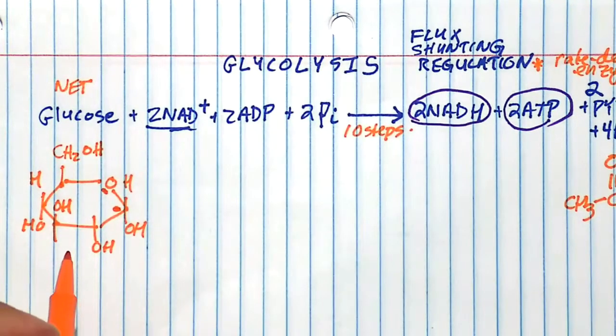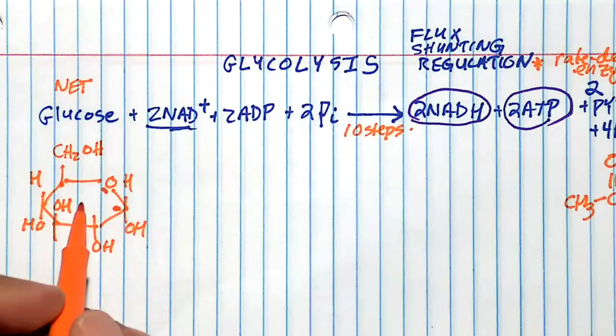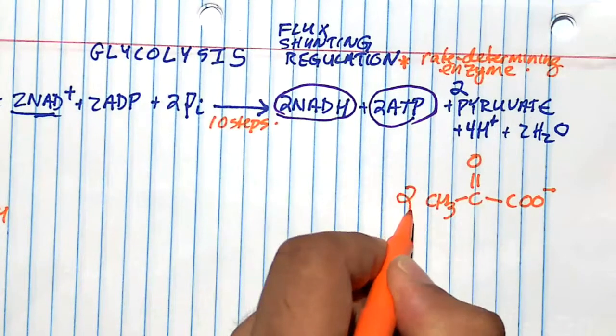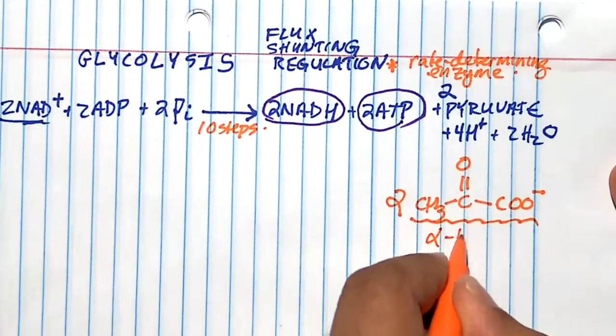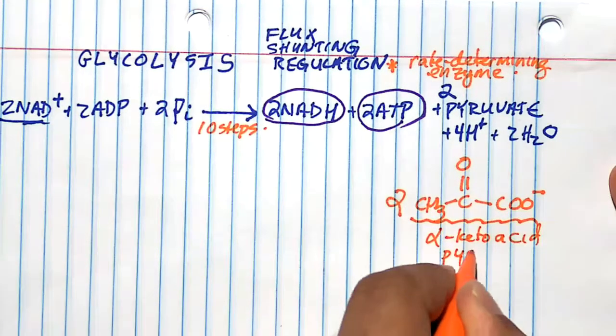And here is the molecule that's going to be utilized for a tremendous amount of energy from the breakdown of this 6-carbon skeleton into 2 molecules of this 3-carbon. Actually, it's called an alpha keto acid. And that alpha keto acid is called pyruvate.